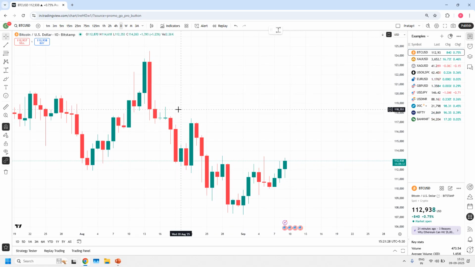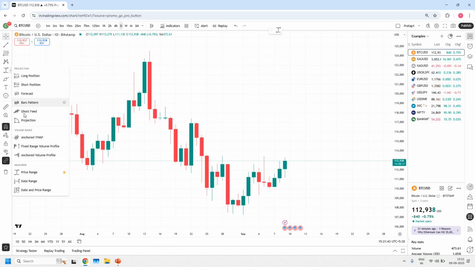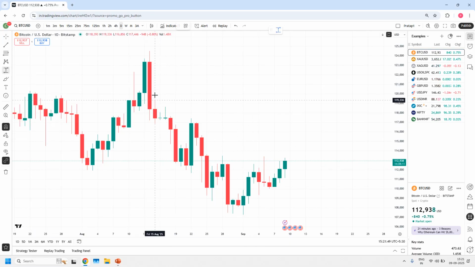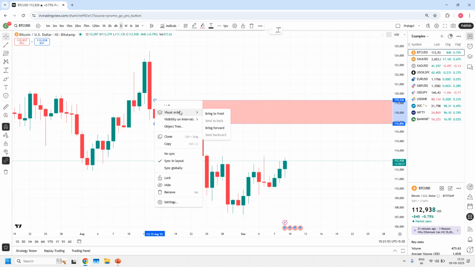Okay. The high of all these base candles, and the low of all these base candles. This is the high and this is the low. Between them, using the price range tool, I am drawing the supply zone. So here I am clicking this price range tool from here. Now I am drawing, this is a supply zone.